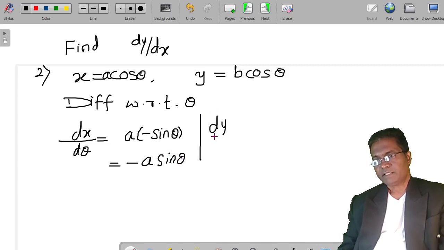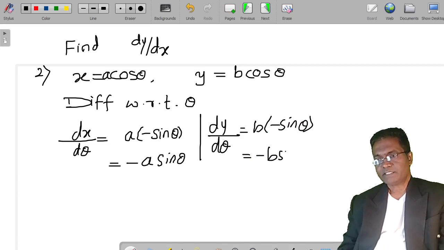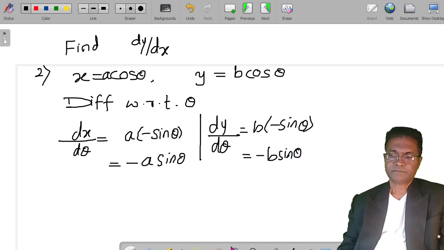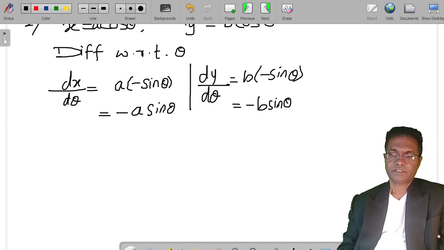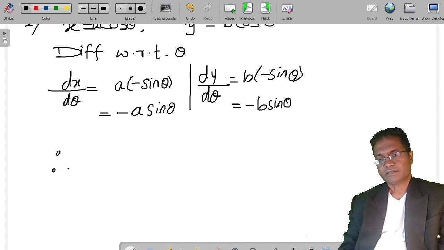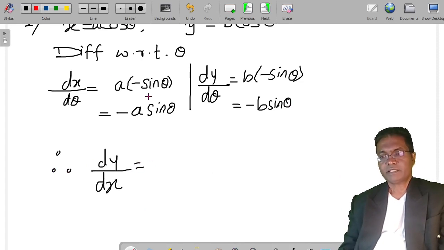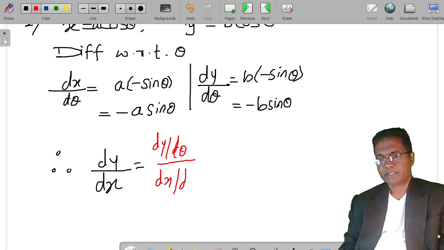dy by d theta. b as it is, again the derivative of cos is minus sin theta. You can write minus b sin theta. Okay. Therefore, dy by dx is dy by d theta by dx by d theta.